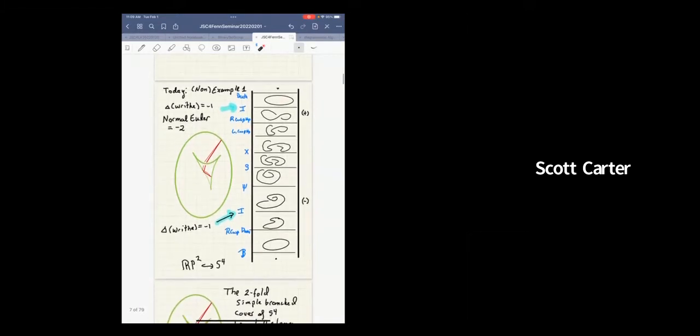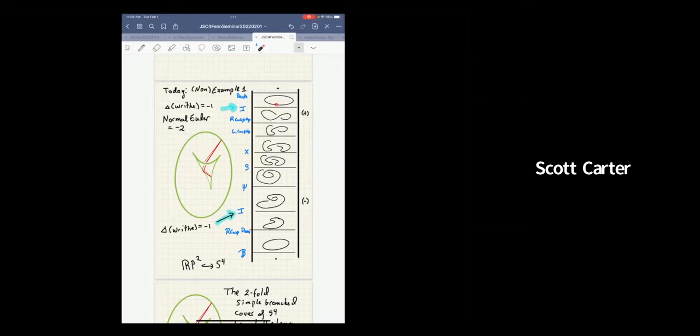And if you compute the writhe of this diagram, you'll see the writhe is -1. If you compute the writhe of this diagram, you'll see the writhe that's +1. And so the change in writhe from here to here goes from 0 to -1. So the change in writhe is negative.